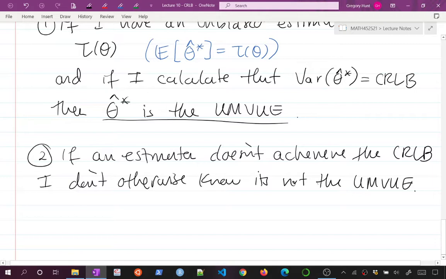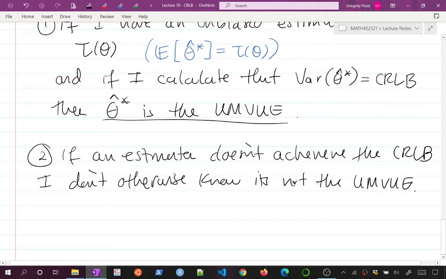If it doesn't achieve the Cramer-Rao lower bound, I don't know, because it's possible nothing achieves it. All it is is a lower bound. It's possible nothing ever achieves that lower bound, and the best estimator doesn't achieve the lower bound. So if you can prove it reaches the bound, we're done.